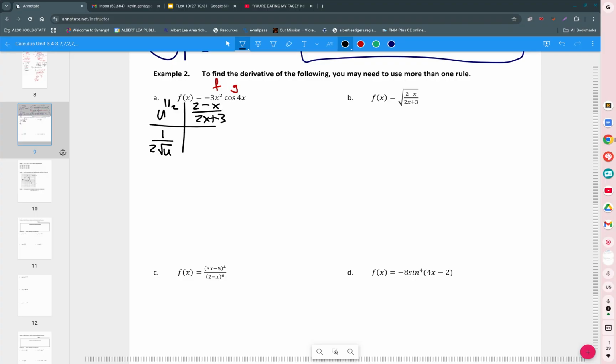So let's take the derivative of this. Derivative of the top: negative 1 times the bottom, 2x plus 3, minus the top times the derivative of the bottom. Derivative of the bottom is 2 times 2 minus x. That all sits over 2x plus 3, that quantity squared.